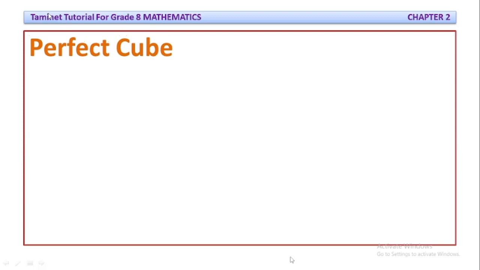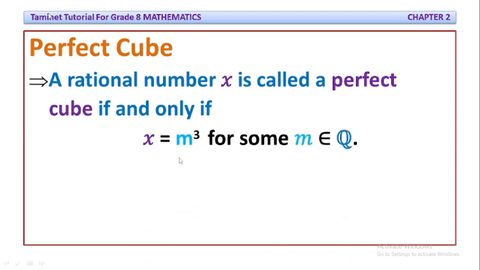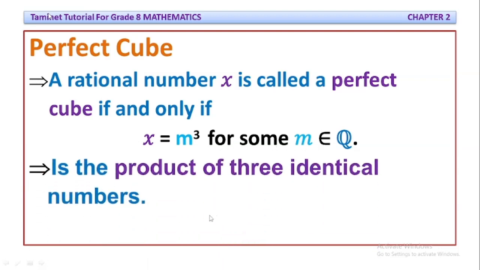What do you mean by perfect cube? A rational number x is called a perfect cube if and only if x is equivalent to m cubed for some m, an element of the rational numbers.